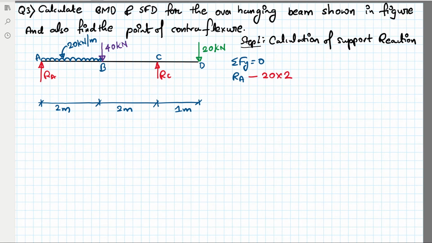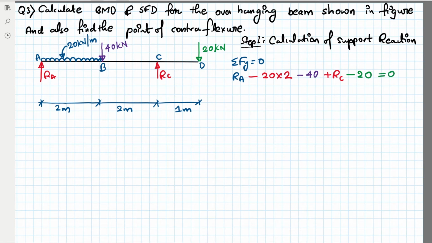Then we have 40 kilonewton acting downward, minus 40. Then RC acting upward, plus RC. Then the 20 kilonewton point load at D acting downward, minus 20, equal to 0.